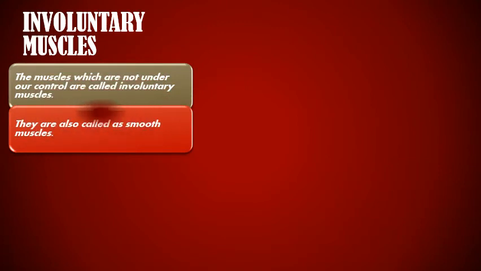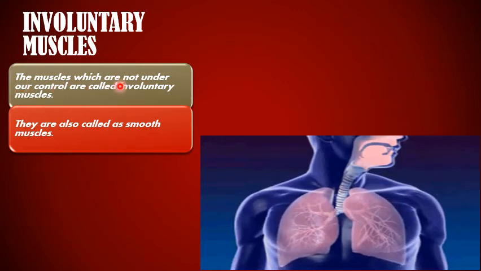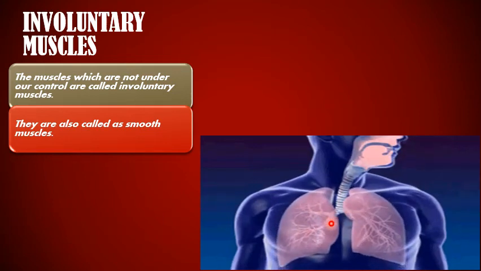But when we talk about involuntary muscles, they are those muscles which are not under our control. So they are called involuntary muscles. They are also known as smooth muscles. Why? First of all, the muscles which are not under our control, for example, the movement of the lungs, can we control the movement of the lungs?